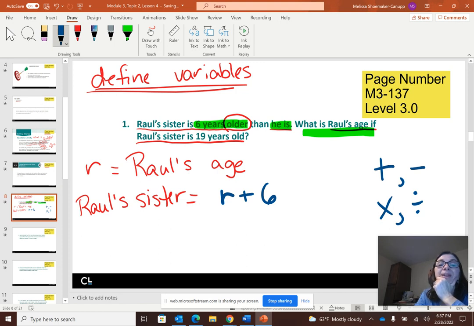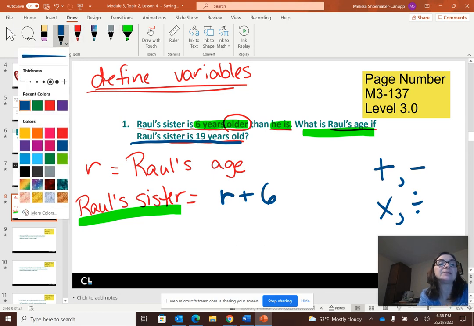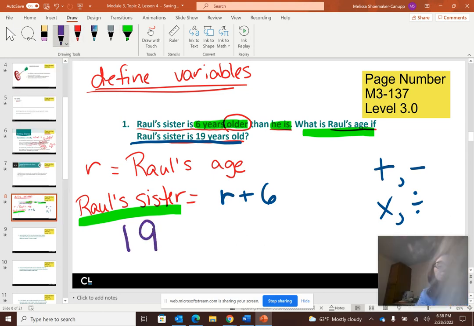Now it says Raul's sister is 19. So that means Raul's sister's age right here is 19. What does that equal? Well, it equals the expression that we just wrote.